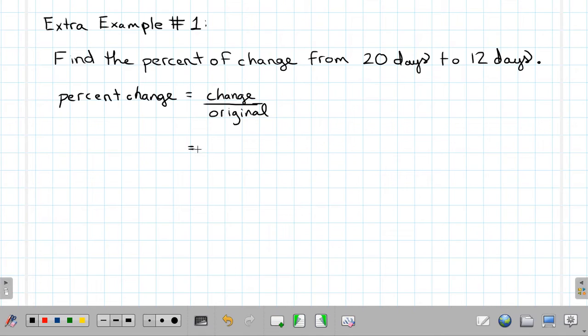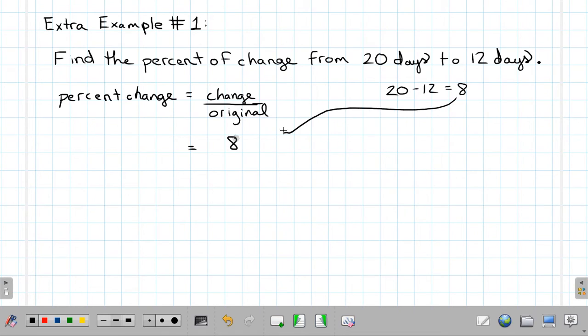So when we plug in, how much does our number change? Well, it goes from 20 to 12. If you do 20 minus 12, we get 8.